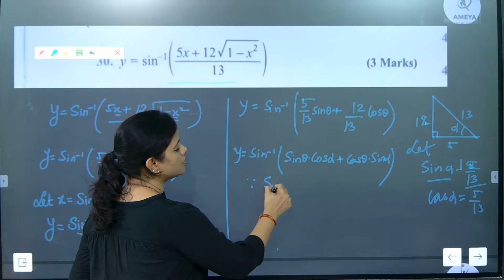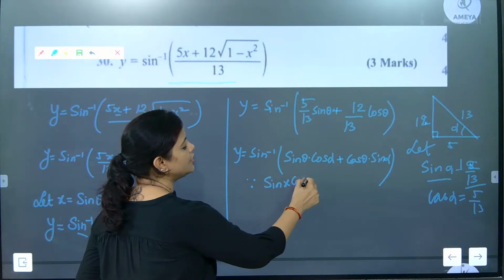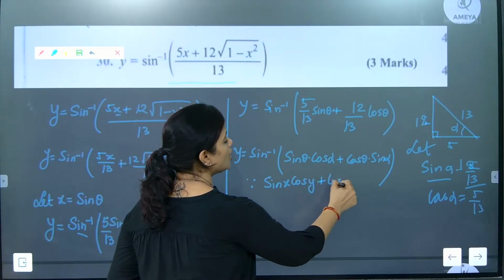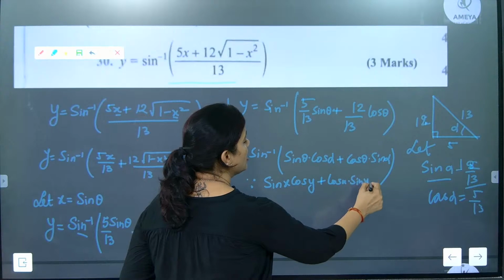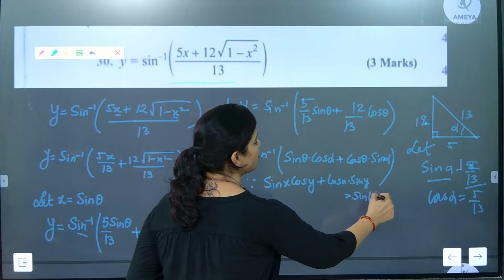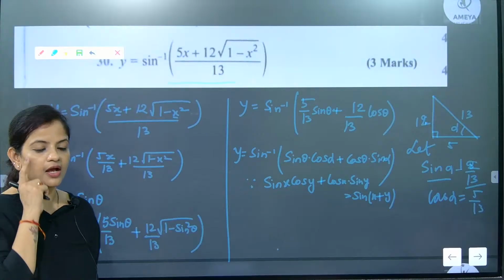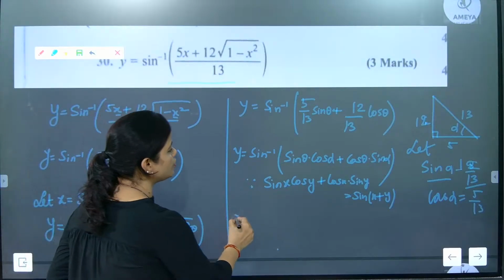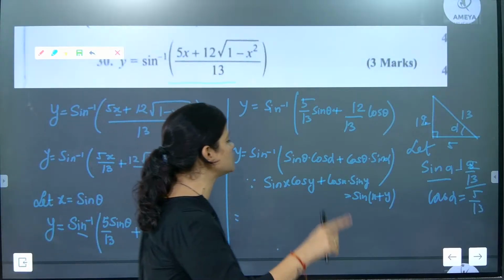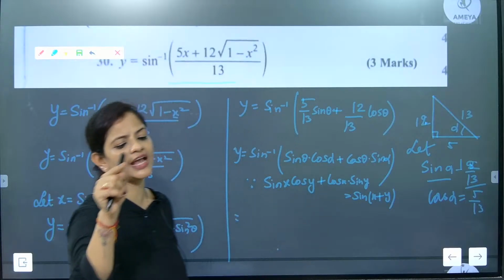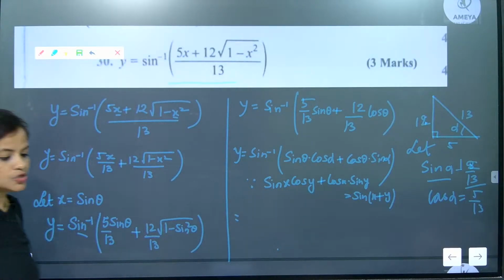We know that sine of x into cos y plus cos x into sine y will be equal to sine of x plus y. Direct application we are putting.